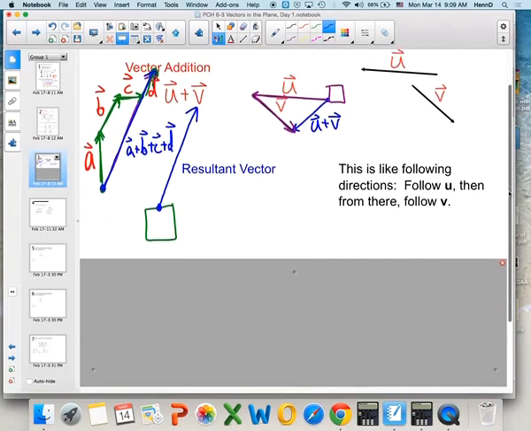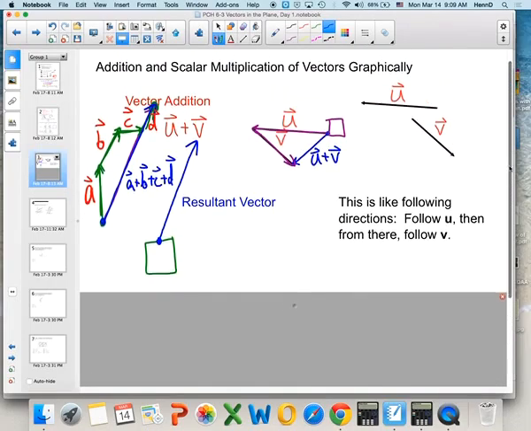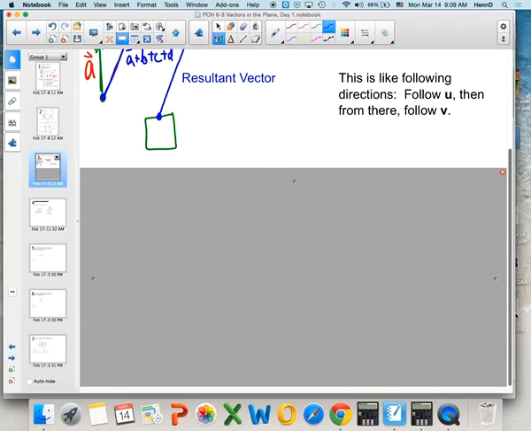That's our vector addition graphically, or geometrically, we could say.